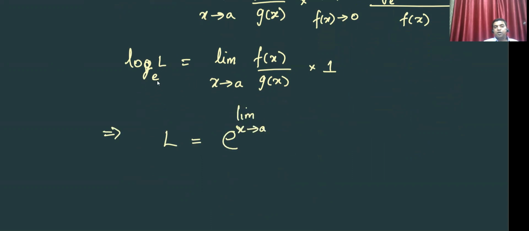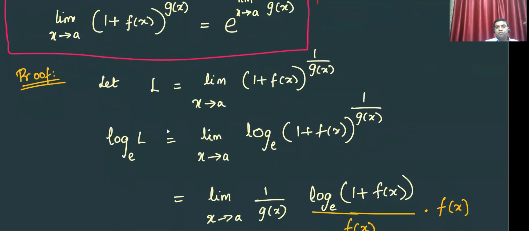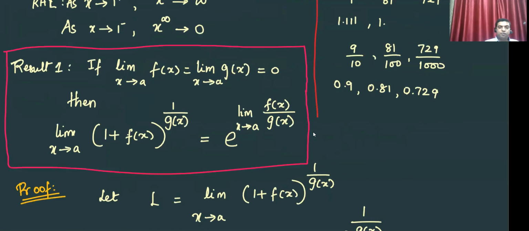So log L is this expression, and L will be e raised to this expression on the right. So L is e power limit x tends to a, f of x upon g of x. Okay, so that's the limit value. That's what we want. This is the proof.